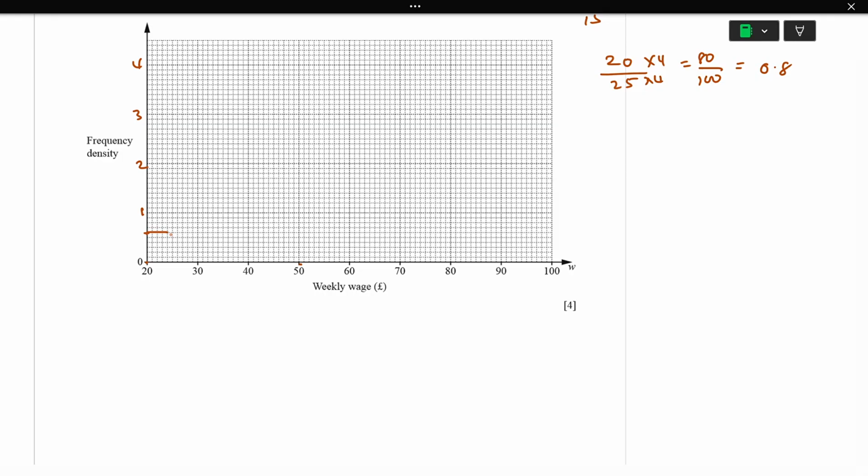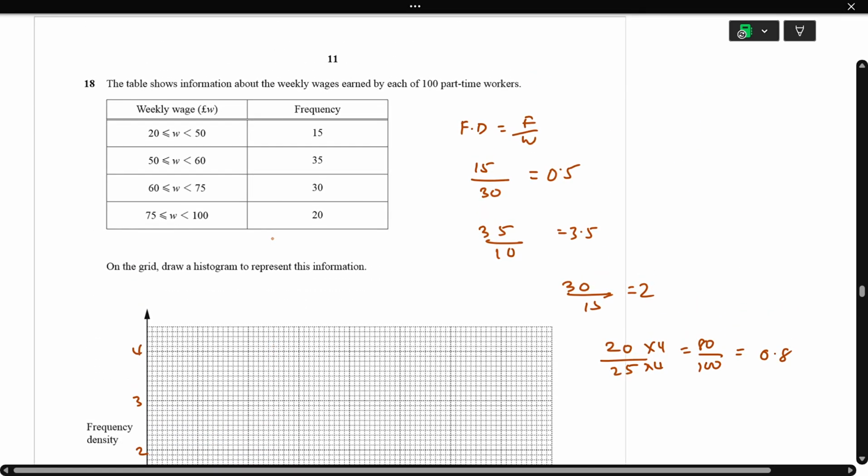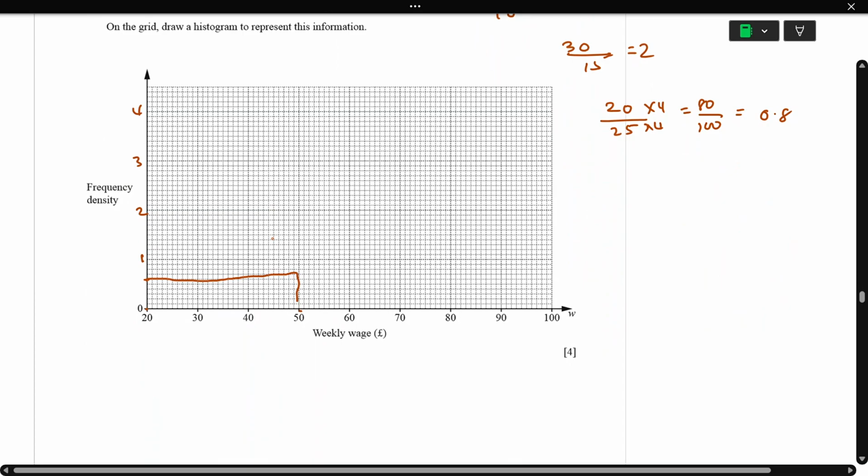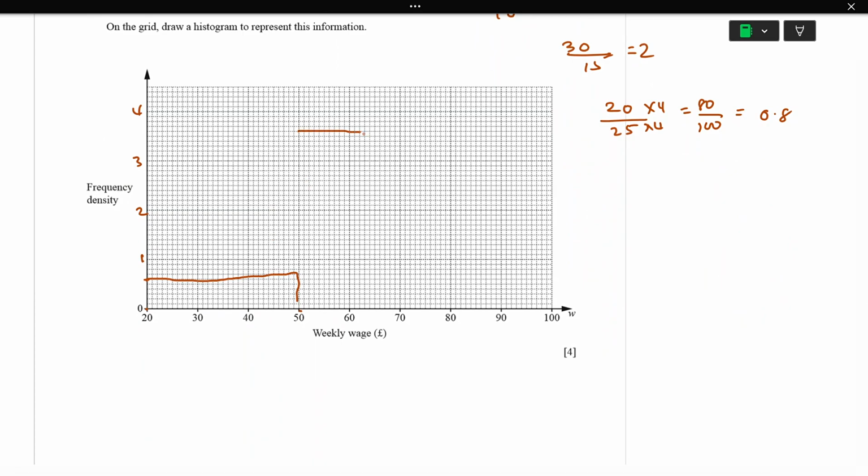Just draw 0.5 here, this is 20 to 50. Next one is 50 to 60, which is 3.5. So enter it here, use a ruler, get the proper fill.